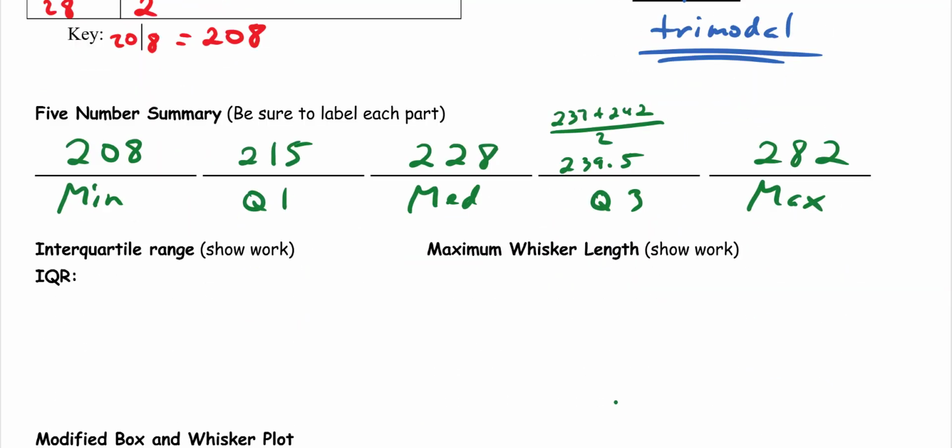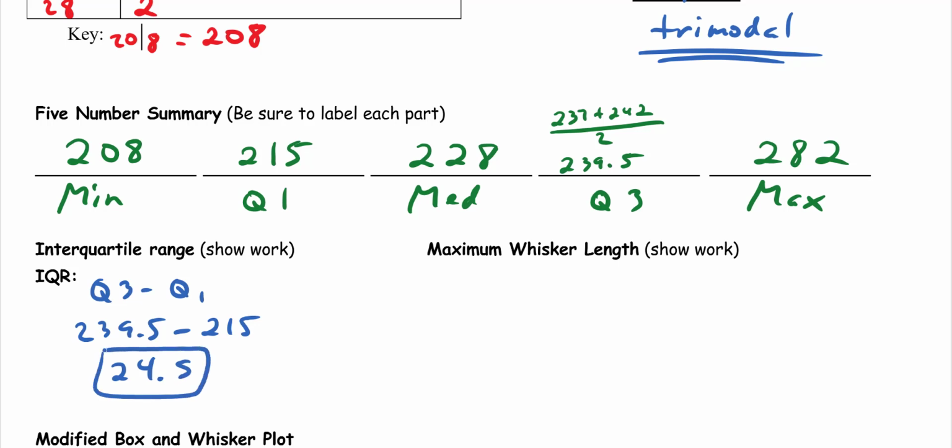Interquartile range, again, very simple. Interquartile range is just going to be Q3 minus Q1. So it's going to be 239.5 minus 215. Okay, and that's going to give us 24.5. Okay, very cool. Now, the maximum whisker length, remember what you do, it's 24.5 times, again, which is our IQR.